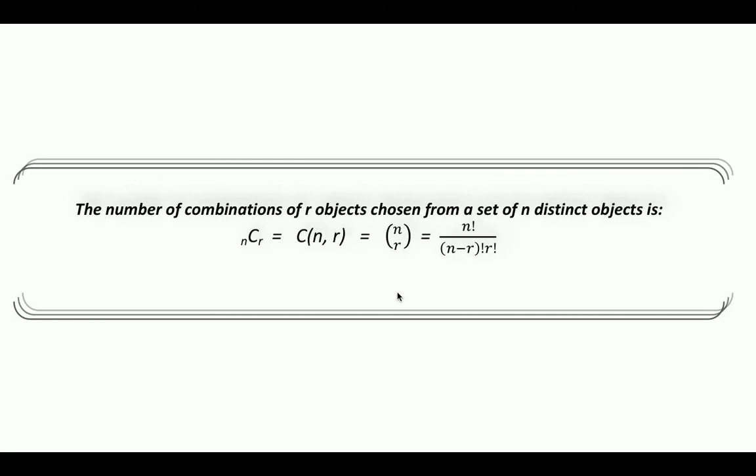This is the most common way, and it's pronounced N choose R. This is another way, in factorial notation, of writing a combination: N factorial over R factorial times N minus R factorial, which is just the permutation divided by R factorial.